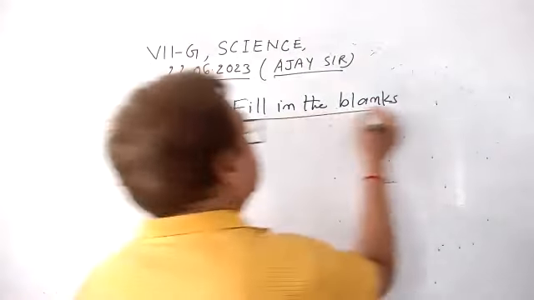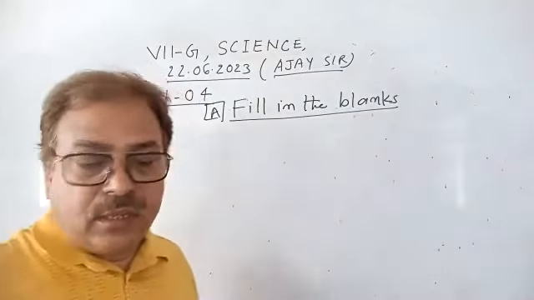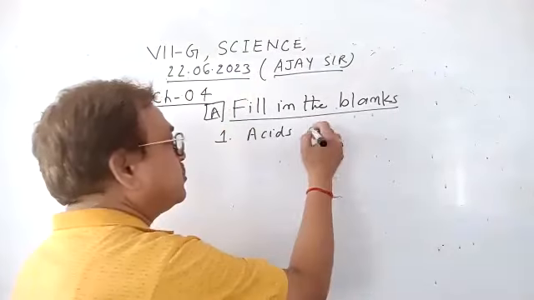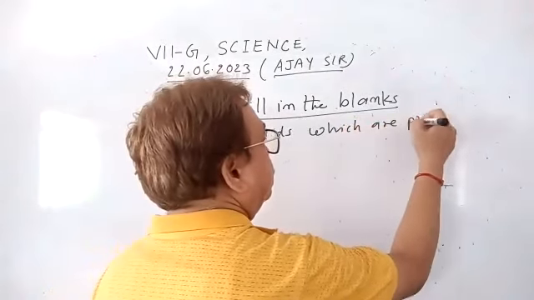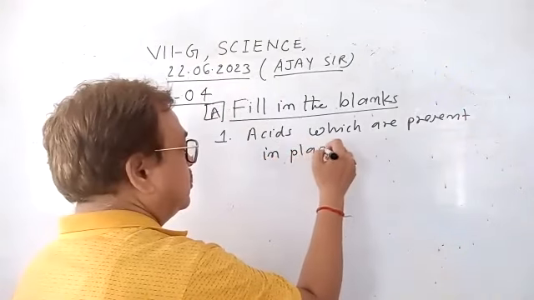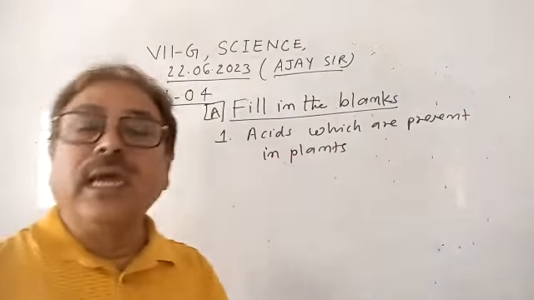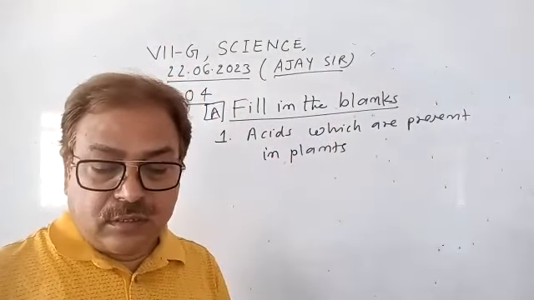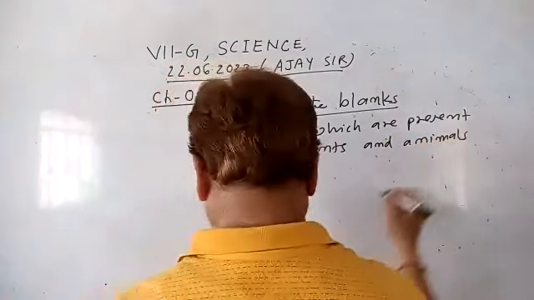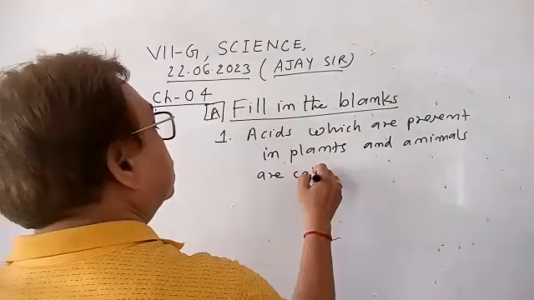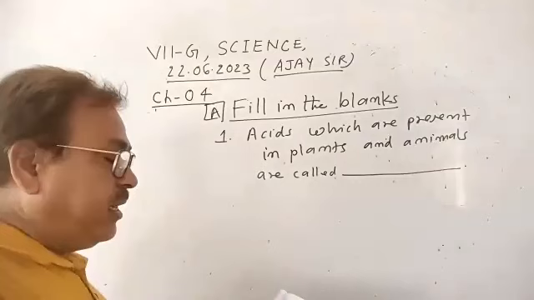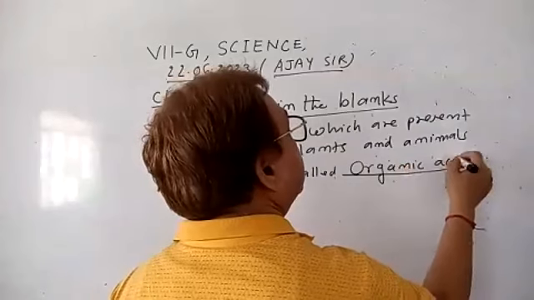Question A. Number one, acids which are present in plants and animals are called organic acids.